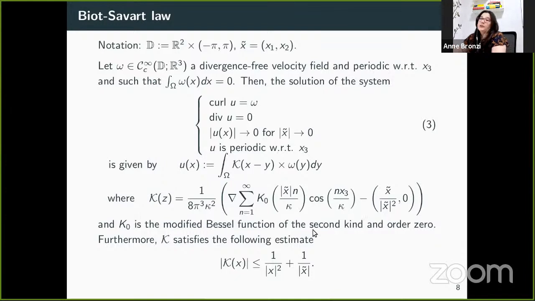In this first work that we did, the main ingredient was to estimate this kernel, because using these estimates we use the standard argument to obtain existence of weak solutions. So we got this estimate for this kernel.